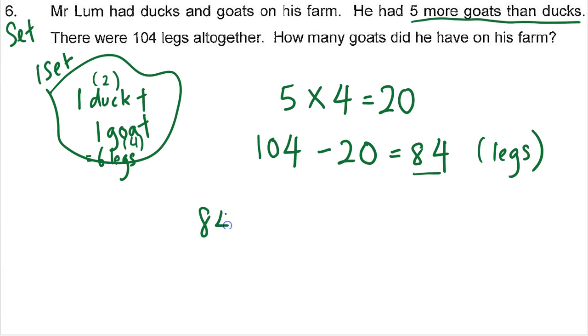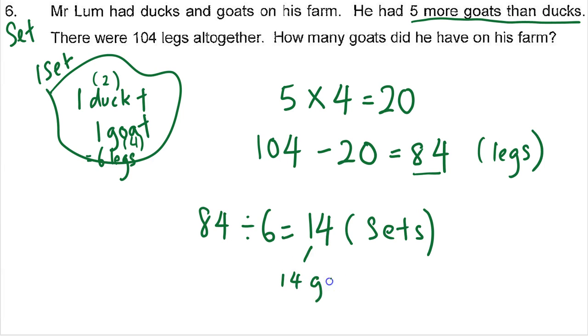If you take 84 and you divide it by 6, you would be able to get a very nice number using your calculator, and this represents the number of sets. Now 14 sets would mean that there are altogether 14 goats as well as 14 ducks.